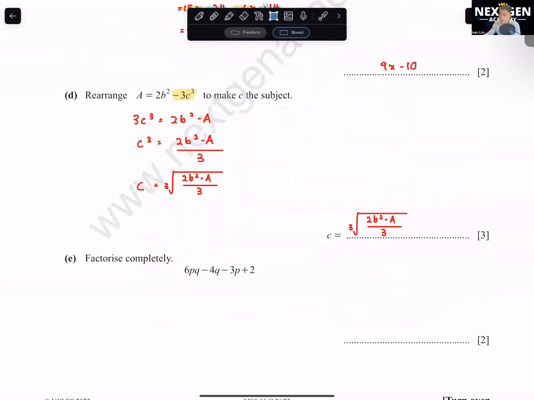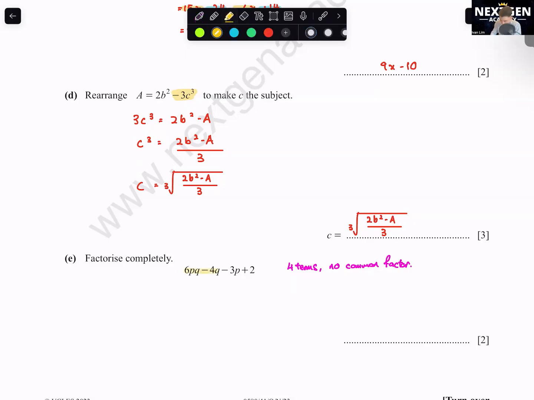Question E. Factorize completely. What type of factorizing is this? You got 4 terms, but no common factor. So when you come across these 4 terms and no common factor, how do we factorize this? We put it in pairs.